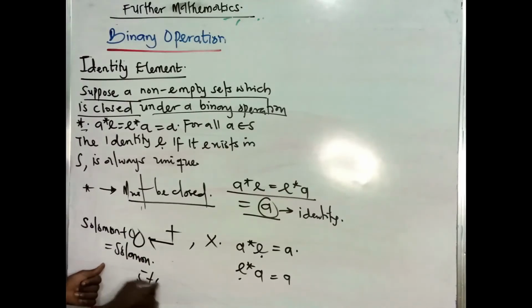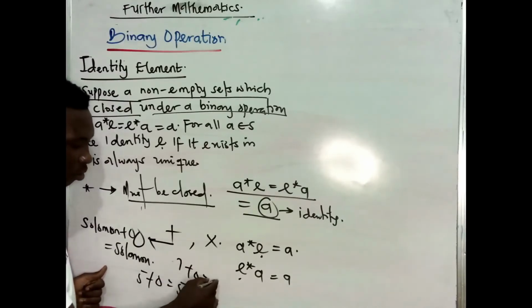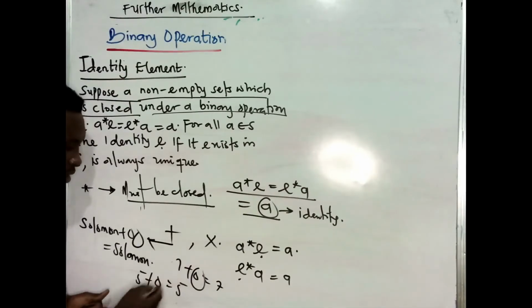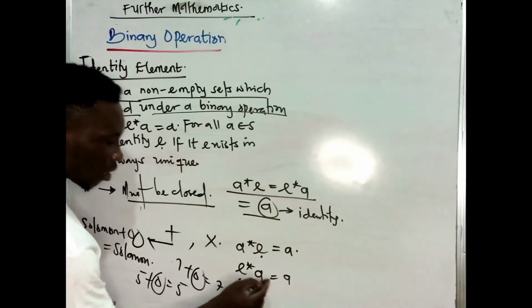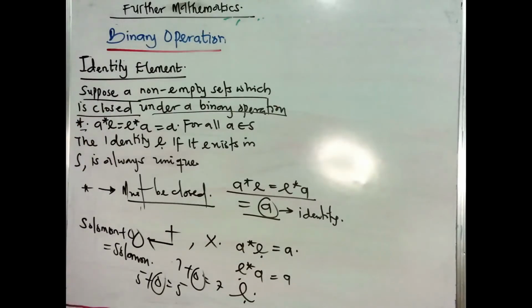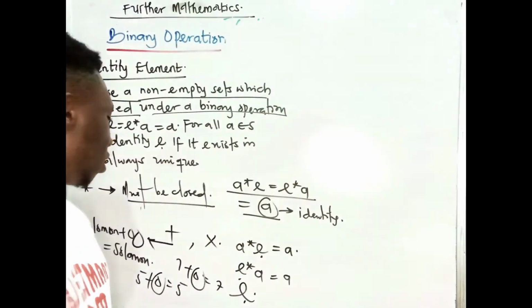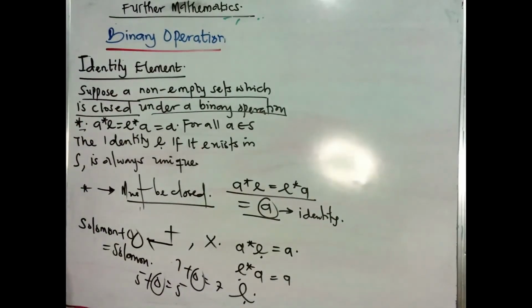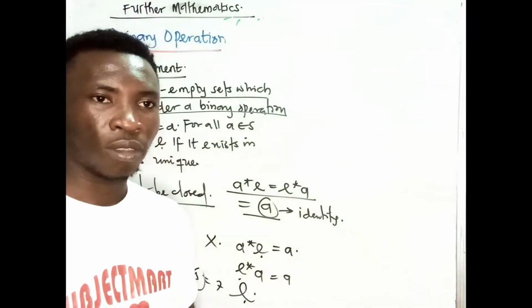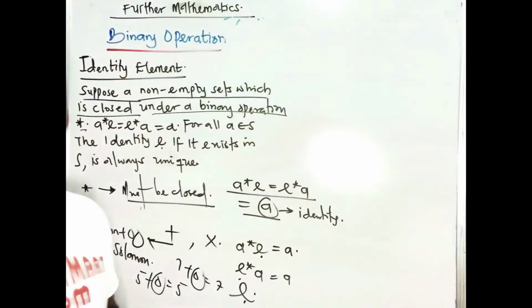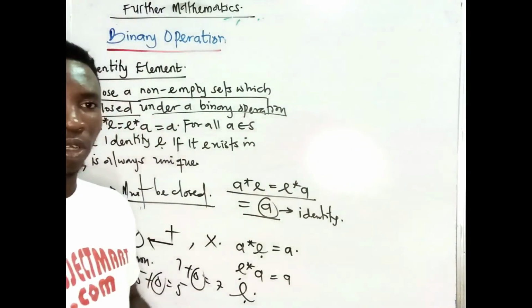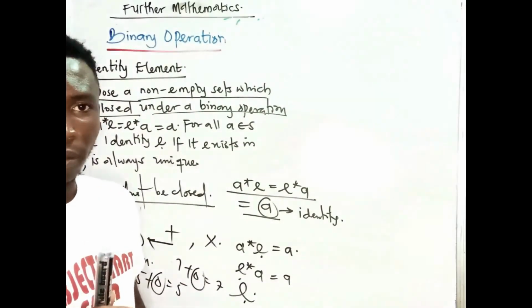That is, 5 plus 0 is equal to 5. 7 plus 0 is equal to what? 7. Therefore, 0 here is an identity. So your identity element under addition is 0. Now, going to multiplication, your multiplicative identity, or your identity under multiplication is, guess what?